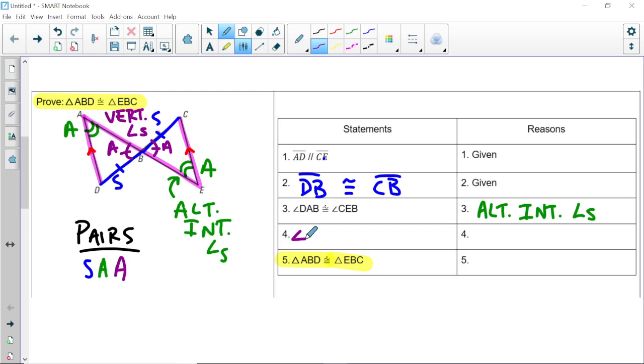So angle ABD would be congruent to angle EBC. And that reason is vertical angles are congruent.